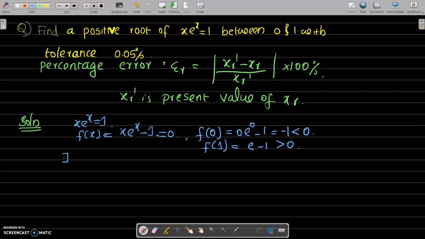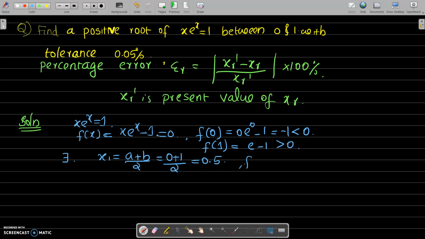So there exists a root in between. x1 is equal to a plus b by 2, that is 0 plus 1 by 2, which is equal to 0.5.